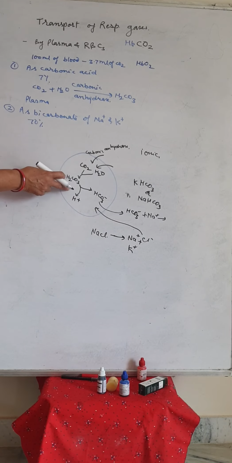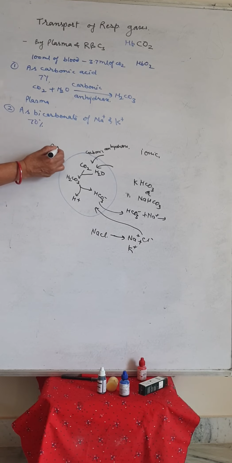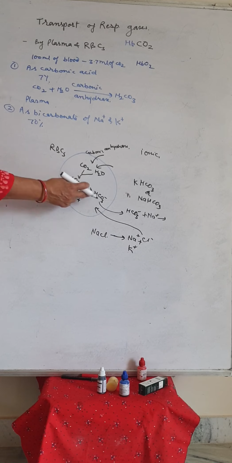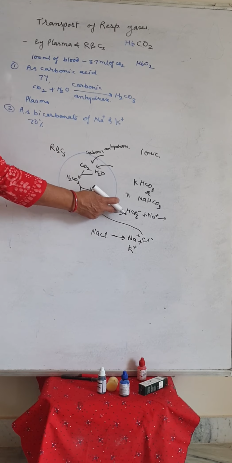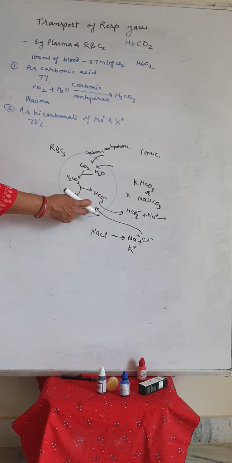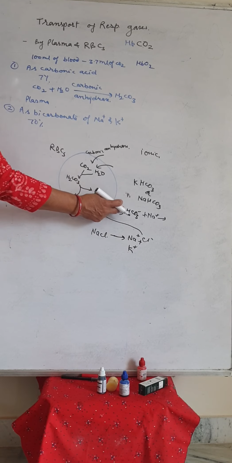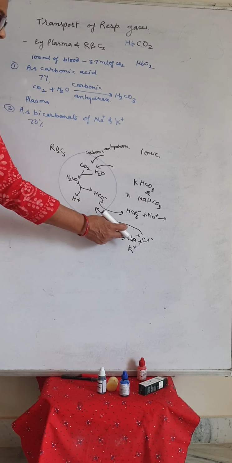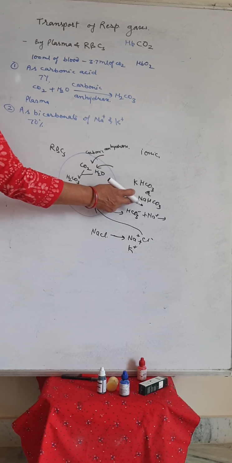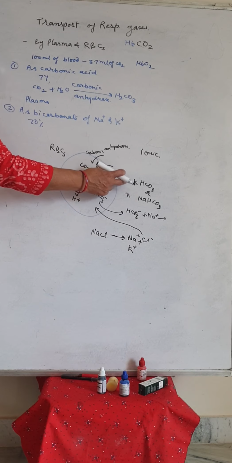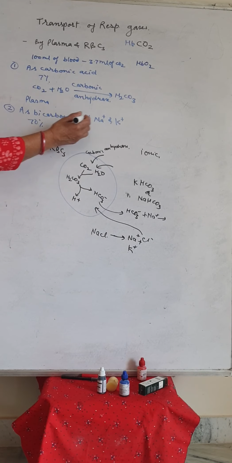Carbonic acid forms inside the RBCs, dissociates, the bicarbonate ion diffuses outside, chloride gets inside, and the bicarbonate ion reacts with sodium ion and potassium ion to form NaHCO3 and KHCO3.